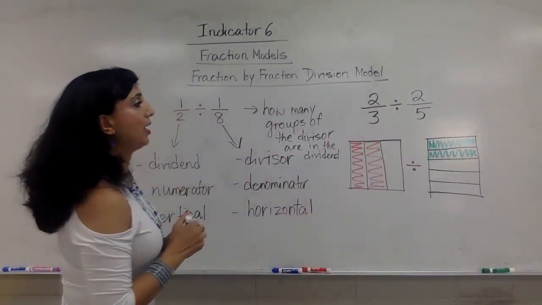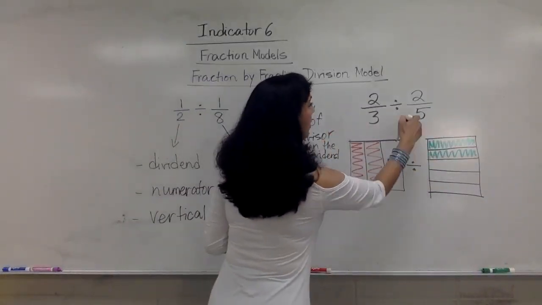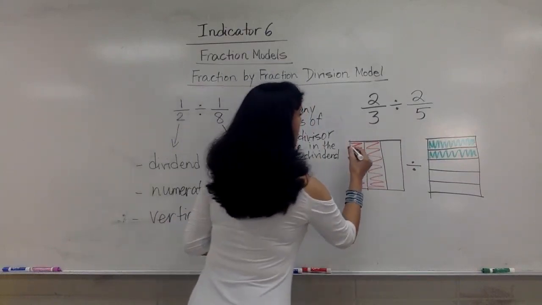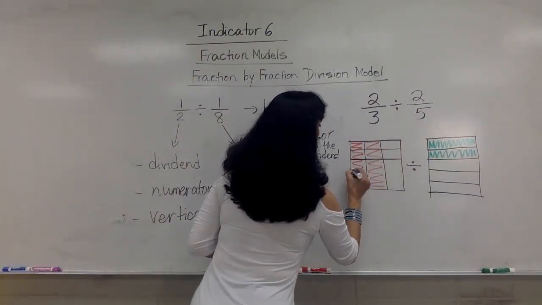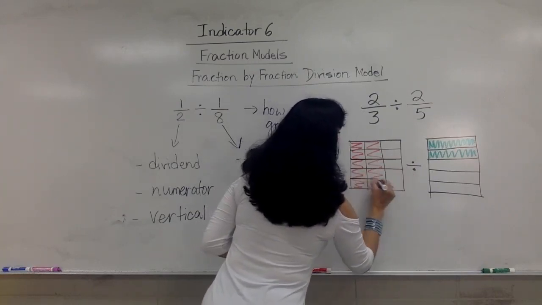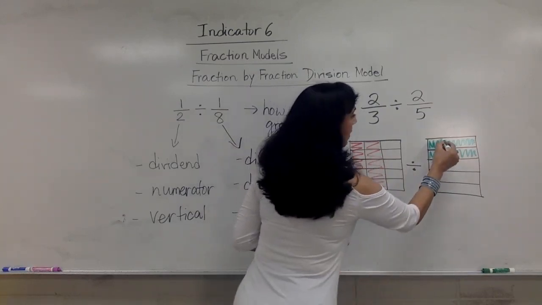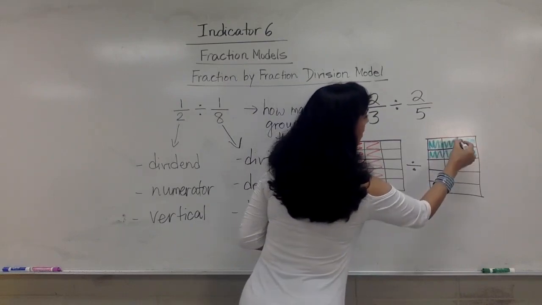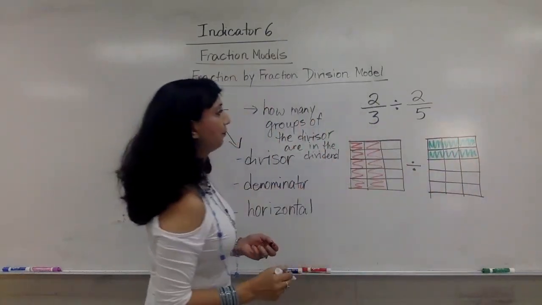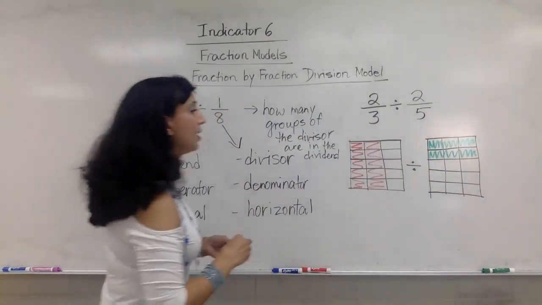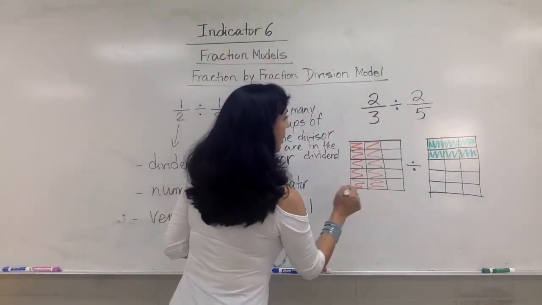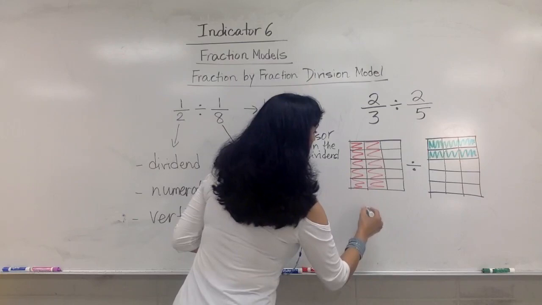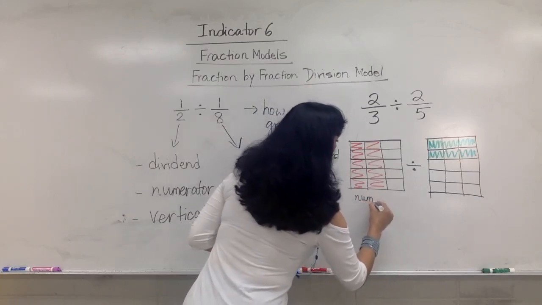Next, I am going to incorporate this here and this here. Okay, so 1, 2, 3, 4, 5, and then 1, 2, 3. Now once again, I'm going to count how many are here. Remember, this is my numerator in the fraction.